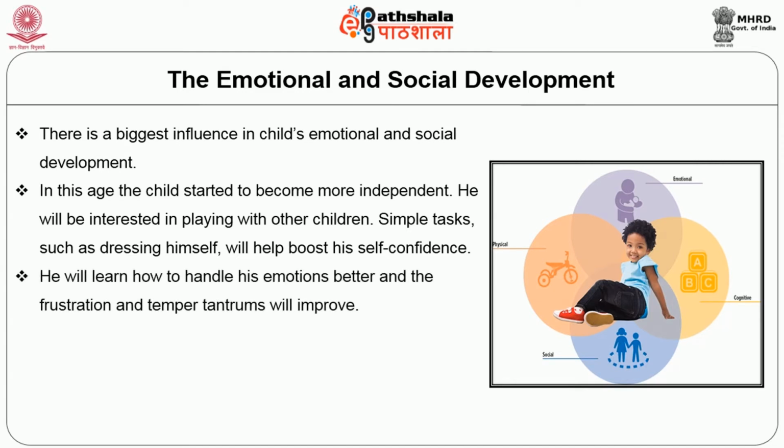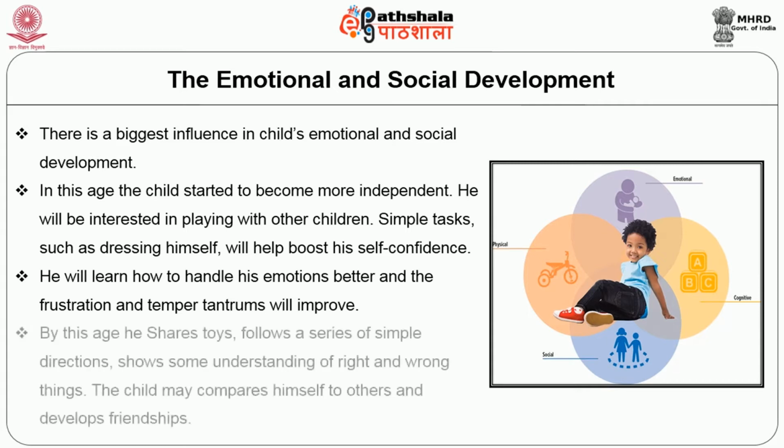He will learn how to handle his emotions better, and frustrations and temper tantrums will improve. By this stage, the child follows a series of simple directions and shows some understanding of right and wrong. The child may compare himself to others and develop friendships. This is the period they make friends.